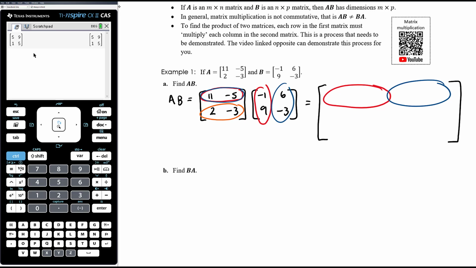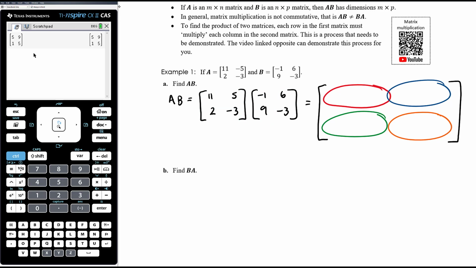Bottom row times the left column, that's going to go in the bottom left, and bottom row times the right column, that's going to go in the bottom right. Let me just get rid of those for a minute.